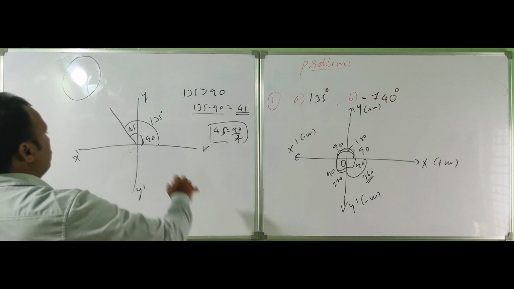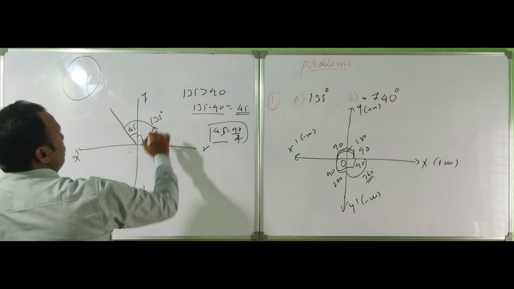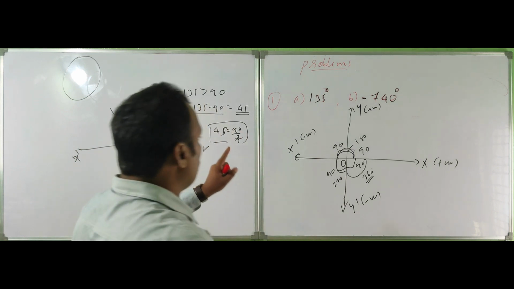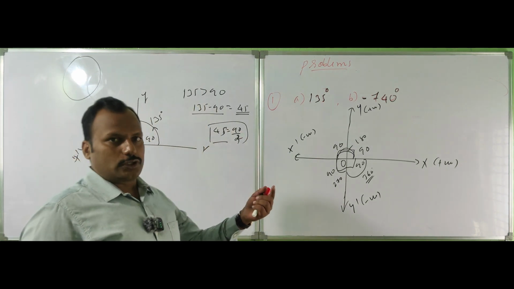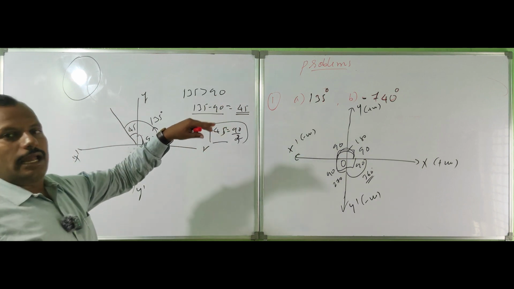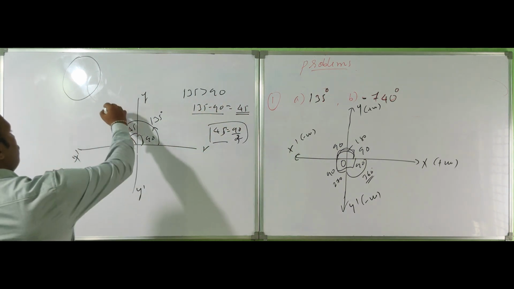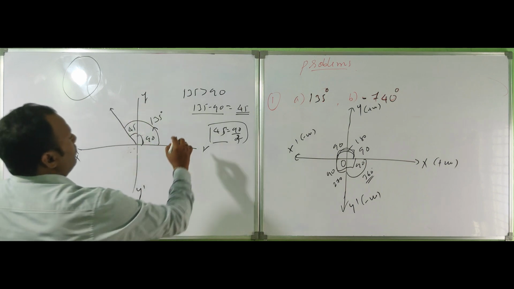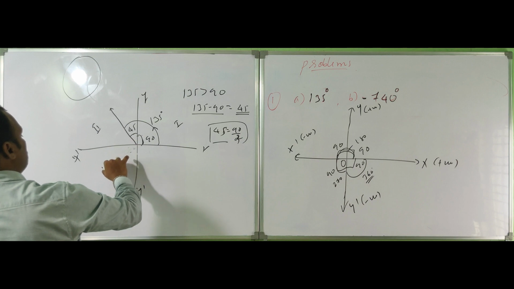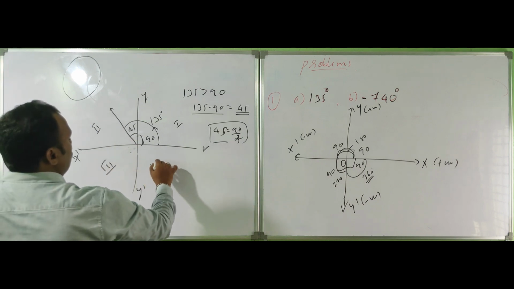See, the direction is positive. I am taking the anti-clockwise direction. For a positive angle theta, the terminal side rotates in the anti-clockwise direction. This is the first quadrant, this is the second quadrant, this is the third quadrant, and this is the fourth quadrant.